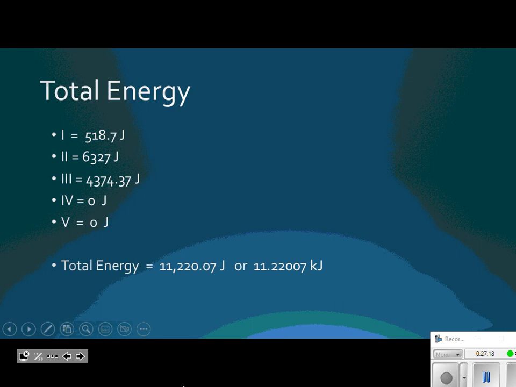So when I added all 3 of those together, I got 11,220.07 joules. And what you're going to have to do on WebAssign is convert that to kilojoules. How do I convert to kilo? I jump my decimal point 3 to the left.